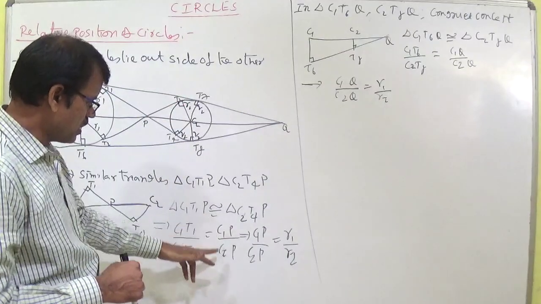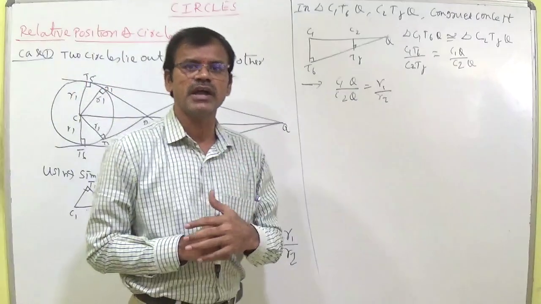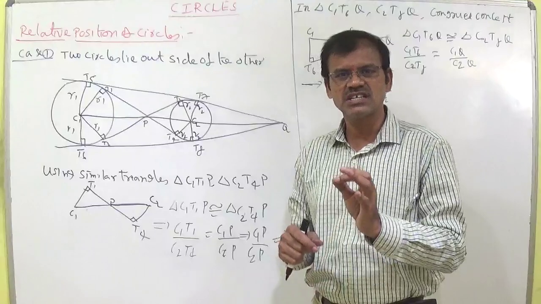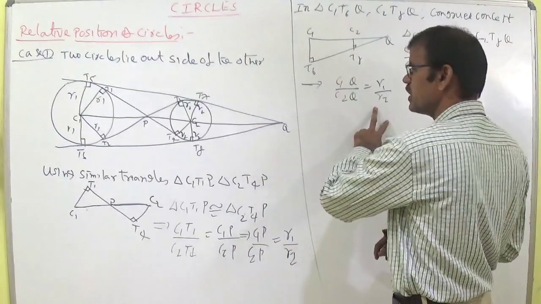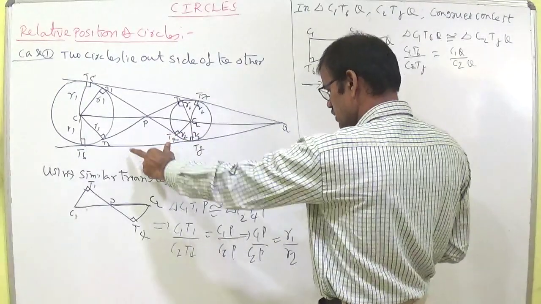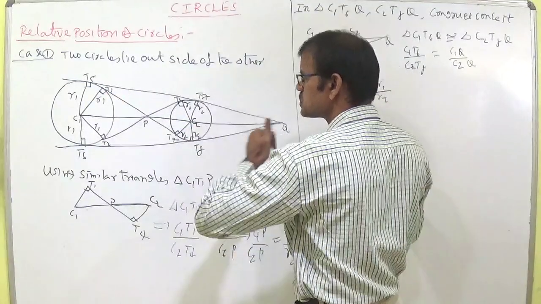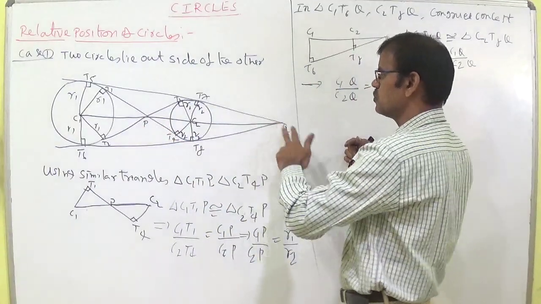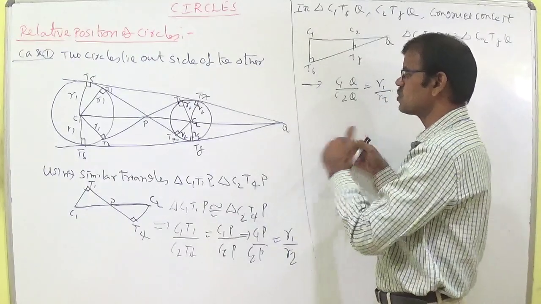Then P divides the line joining the centers in the ratio R1 is to R2 internally, and Q divides it in the ratio R1 is to R2 externally.